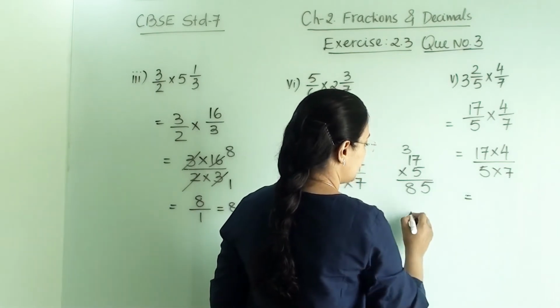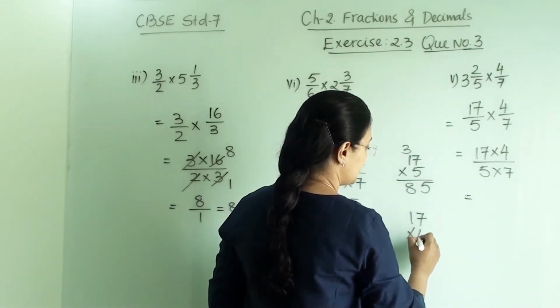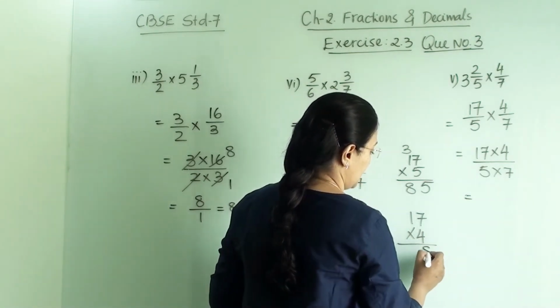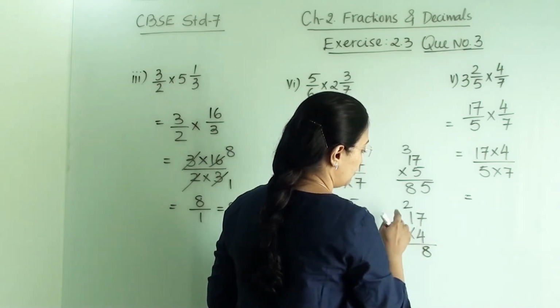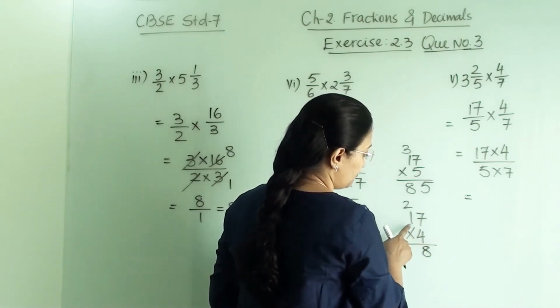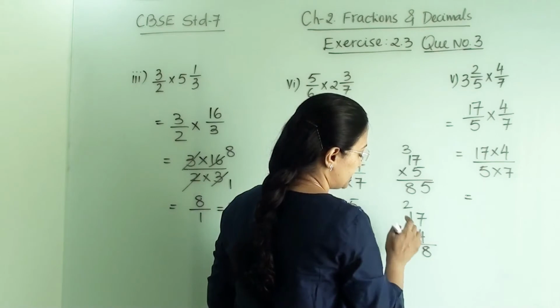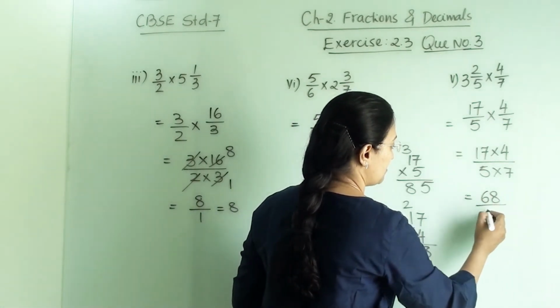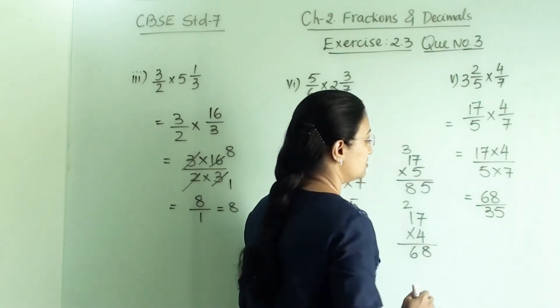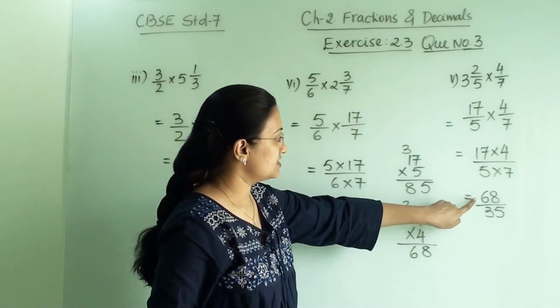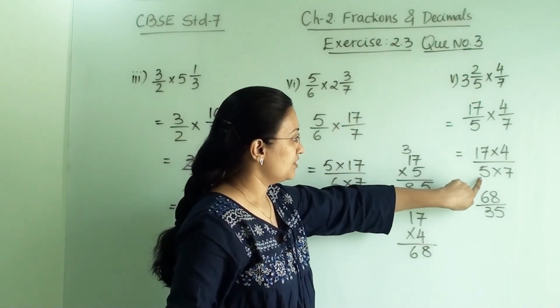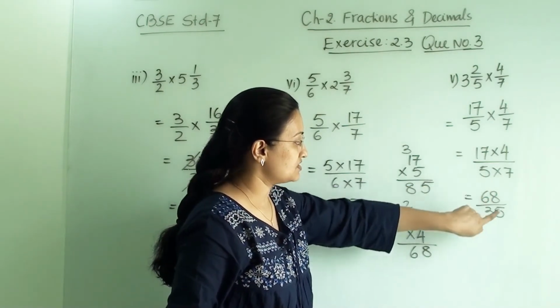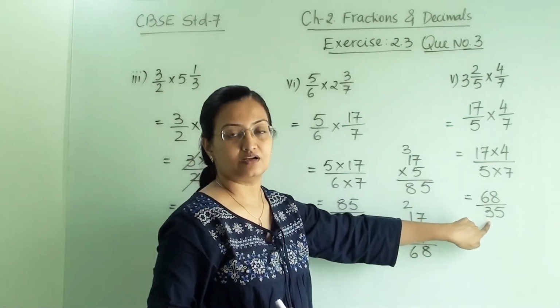So our 17 into 4, 8, and 2 will be carrying over. So here 2. So 4 into 1 is 4 plus 2. So it is 6. So it is 68 divided by 35. So this is our answer. That's 68 divided by 5 into 7. 5 7s are 35. So 68 divided by 35.